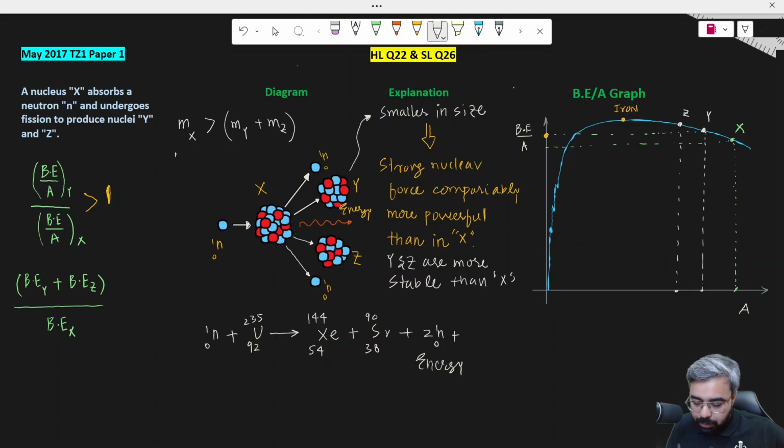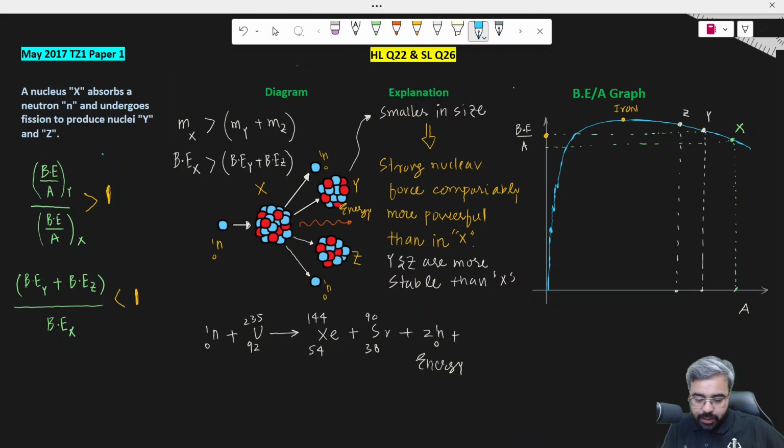Which means that the binding energy of X, because it's a heavy element, is more than the sum of the binding energy of Y plus the binding energy of Z. It means that if we take the ratio, that ratio should be more than 1. My mistake, less than 1, obviously, because it is more.